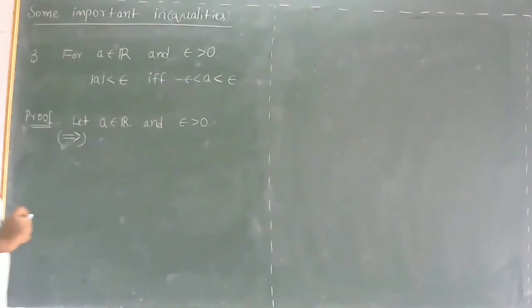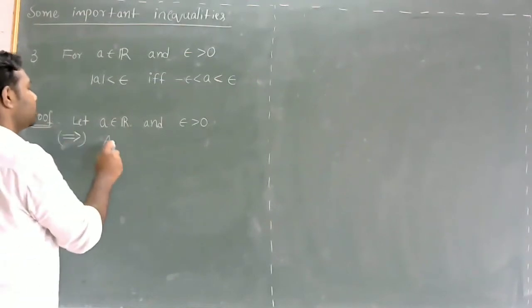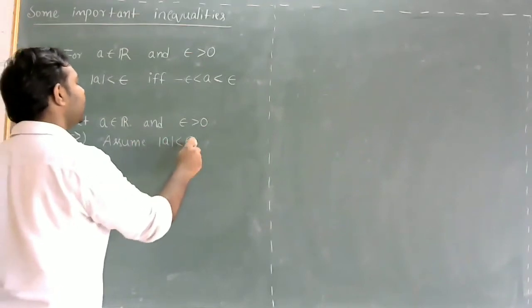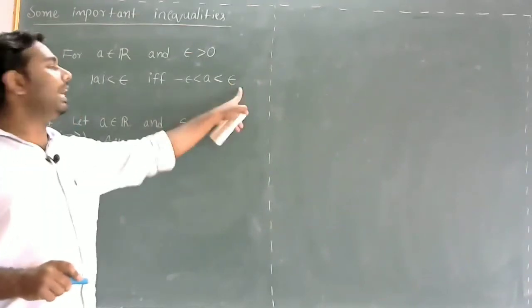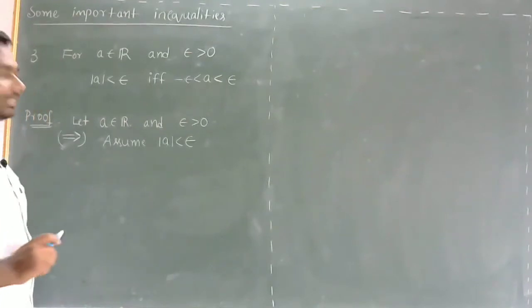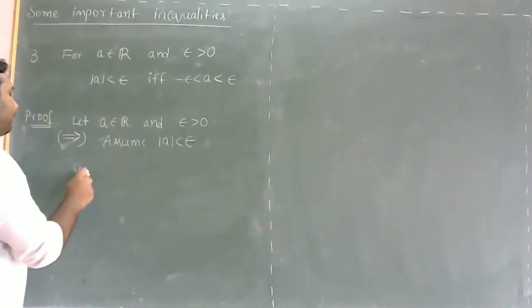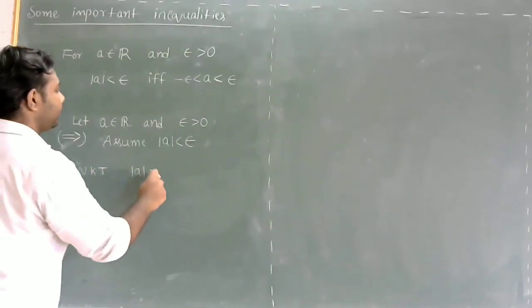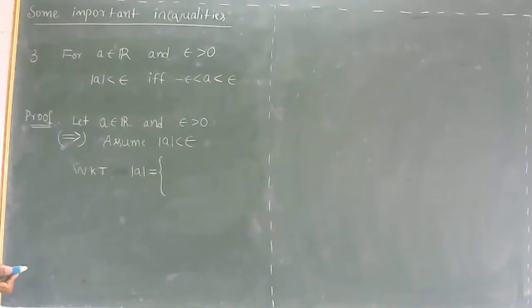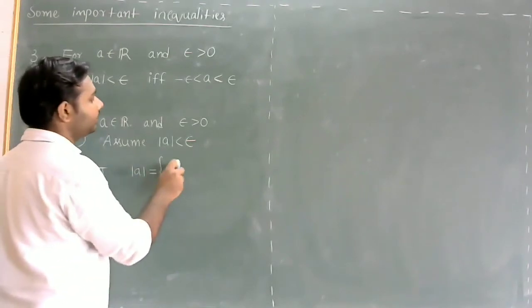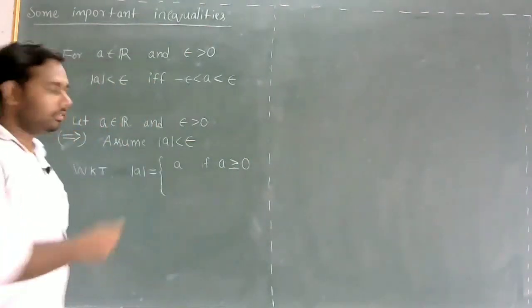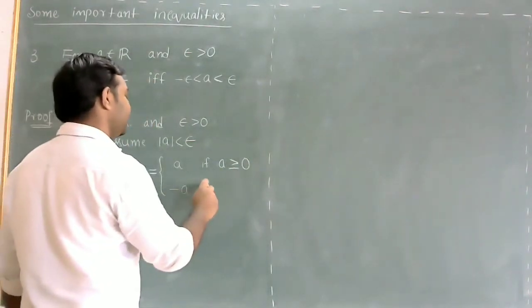Now the direct part. In the direct part we have to assume that if modulus of a is less than epsilon, then we have to prove a lies in between minus epsilon and plus epsilon. So we know that modulus of a is defined to be a itself if a is non-negative, and it is defined to be minus a if a is negative.